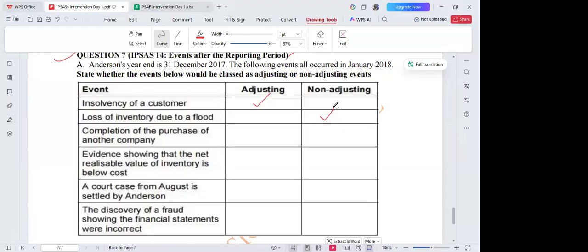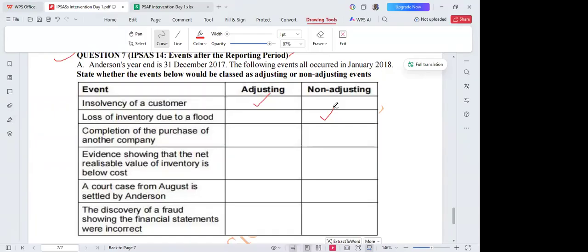You have skipped one. Completion of the purchase of another company. Is it adjusting or non-adjusting? Yeah, Collins, go ahead.